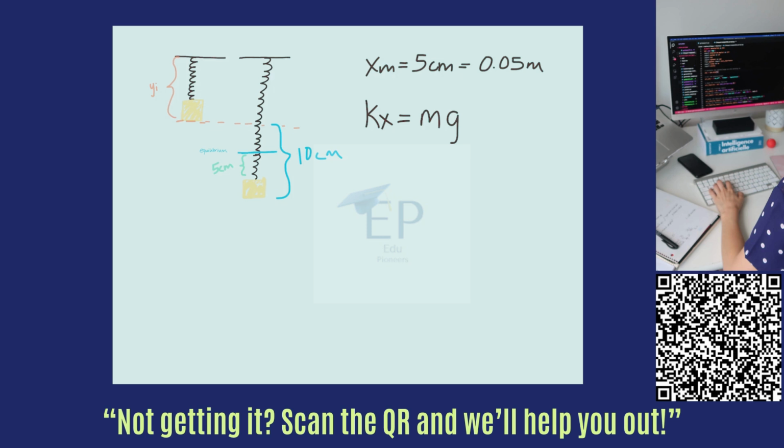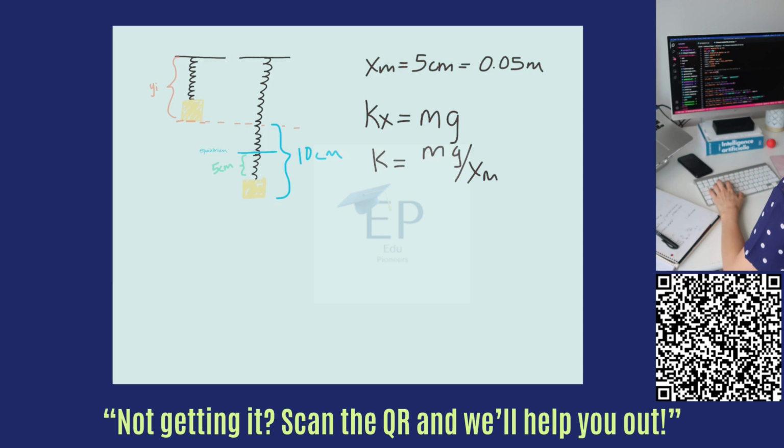So we're going to rearrange this to solve for our spring constant, because our spring constant in this case is going to equal mass times gravity divided by the position. And in this case, our position is actually our amplitude.